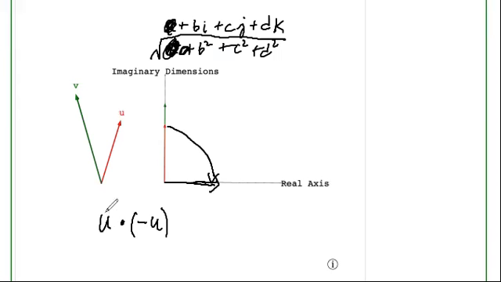Now, what happens if we multiply negative u times v? It's going to rotate v. In this rotation, it's a 4-dimensional rotation. We're going to lose some imaginary dimension, and you're going to gain some real dimension in there.